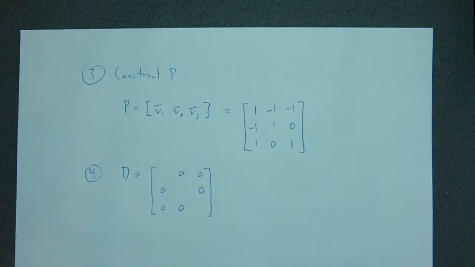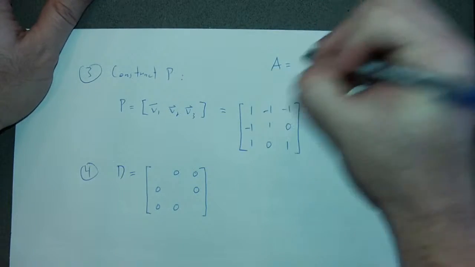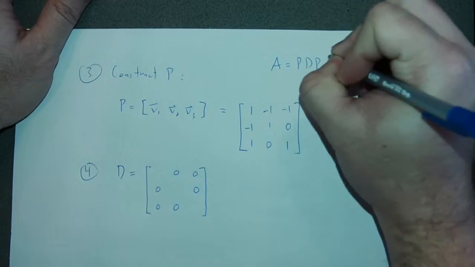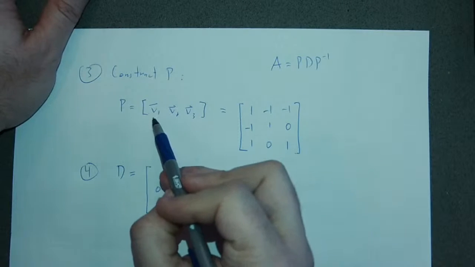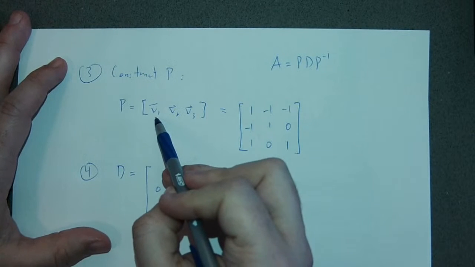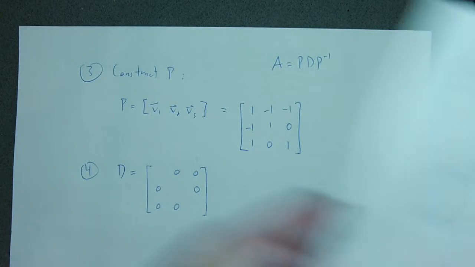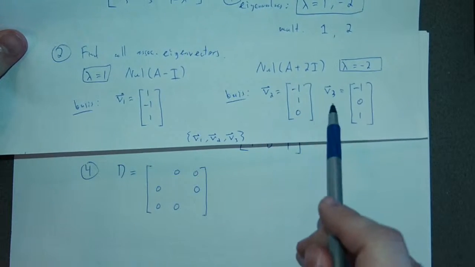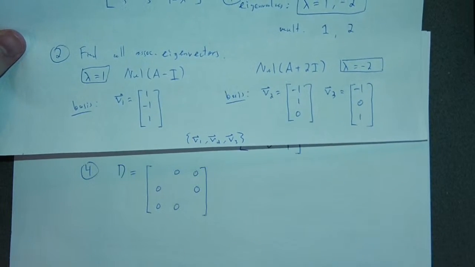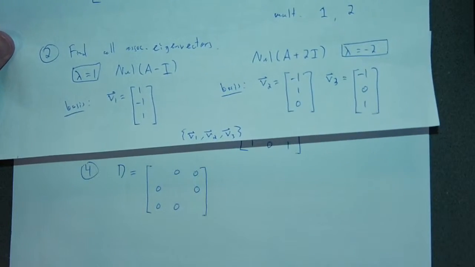It looks like this, with entries on the diagonal. Now, I want A to be P D P inverse. This is the eigenvector associated to lambda equals 1, and these two eigenvectors were associated to lambda equals minus 2. Just to remind you, V1 was associated to the lambda equals 1 eigenspace. V2 and V3 were the basis vectors of the lambda equals minus 2 eigenspace.